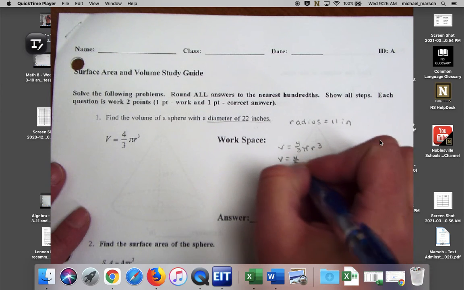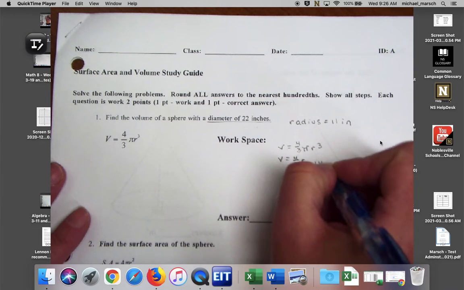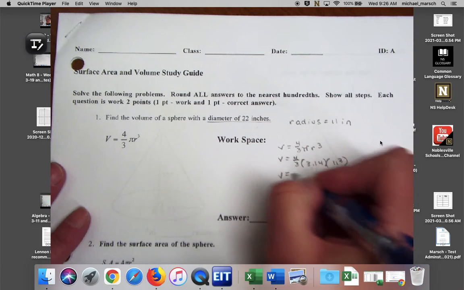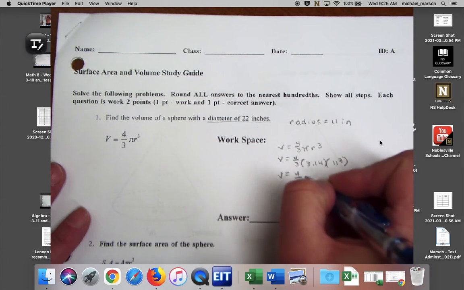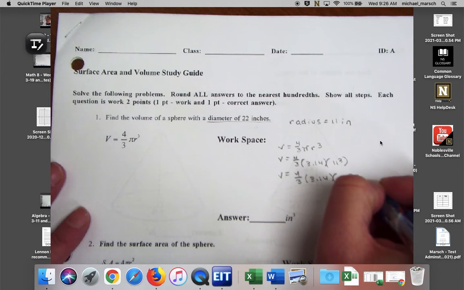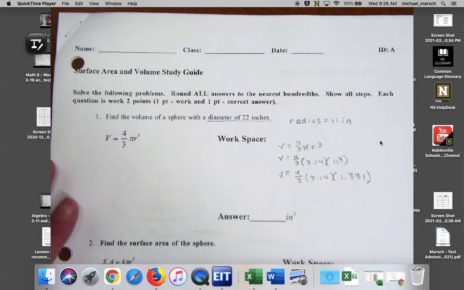Volume equals 4/3 times 3.14 times 11 cubed. Volume equals 4/3 times 3.14 times 1,331, I believe. Let me make sure that's right. Yep.